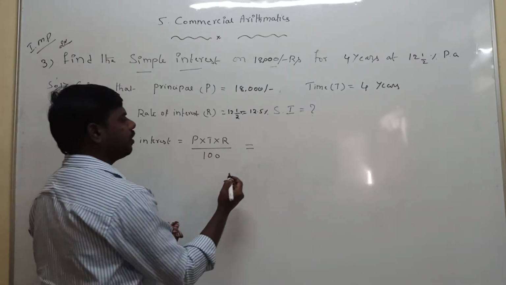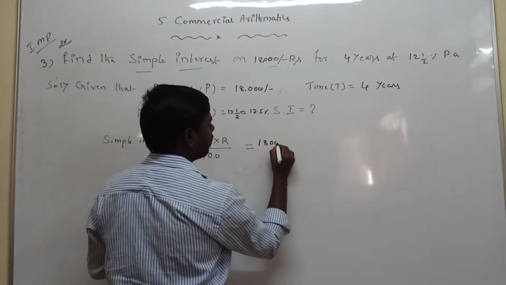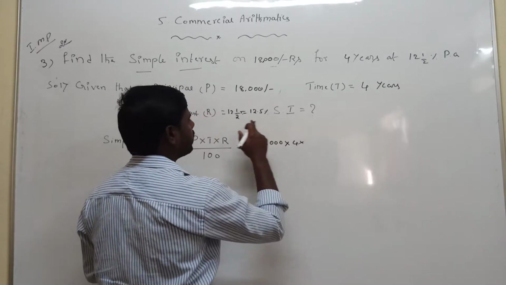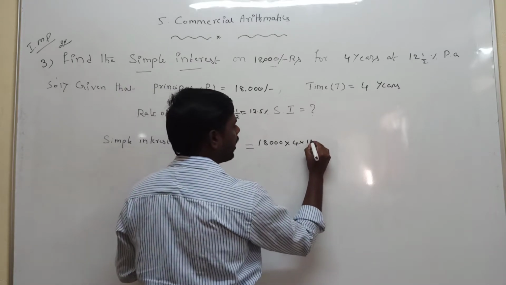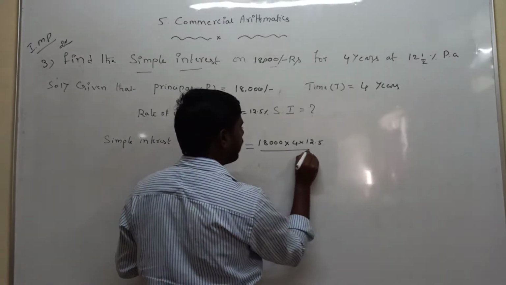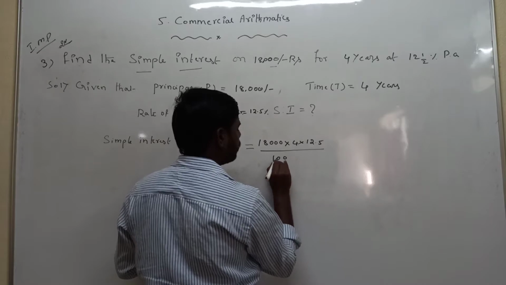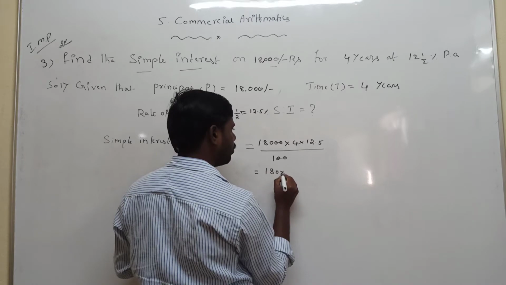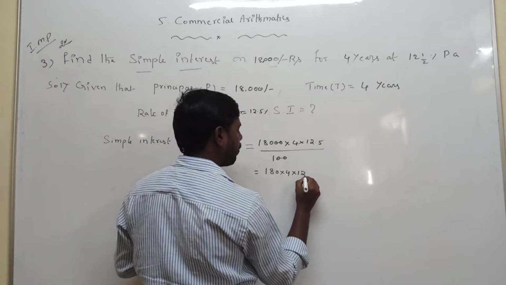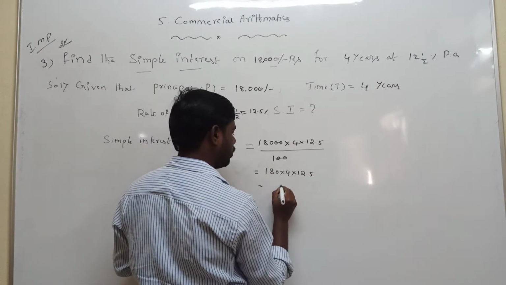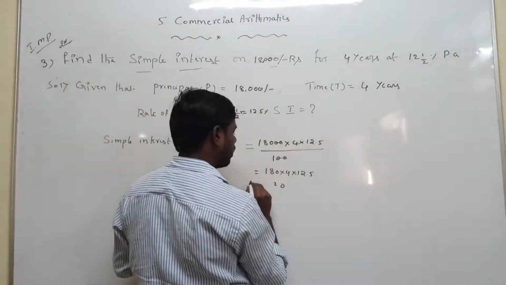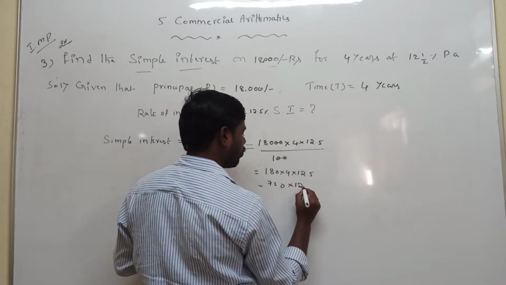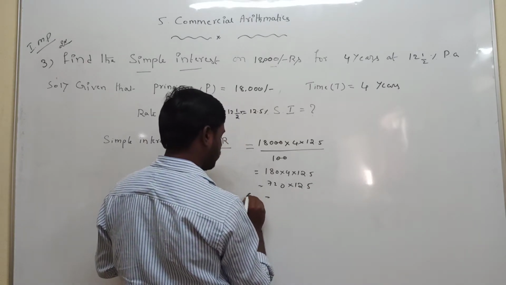So what is the P value? 18,000 into time, which is 4 years, and the rate of interest is 12.5 divided by 100. Now these 2 zeros will cancel. What is left is 180 into 4 into 12.5. 180 into 4 is 720. 720 into 12.5 is the simple interest.